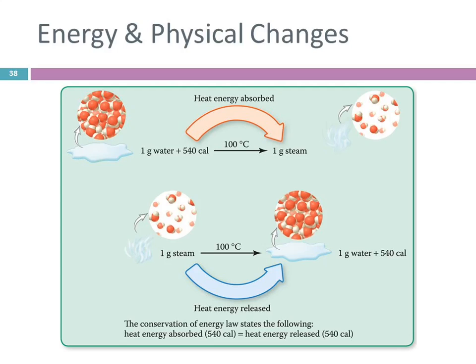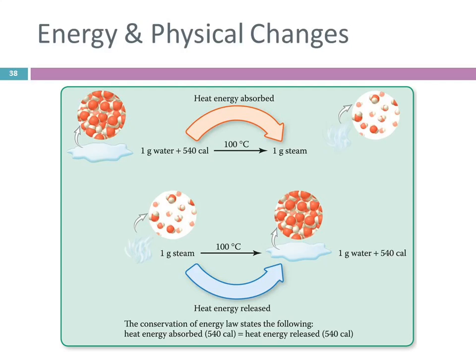You put energy in, you take energy back out when you do a state change. And so this is a demonstration of the law of conservation of energy. You can't gain energy or lose energy by doing a transition like this.